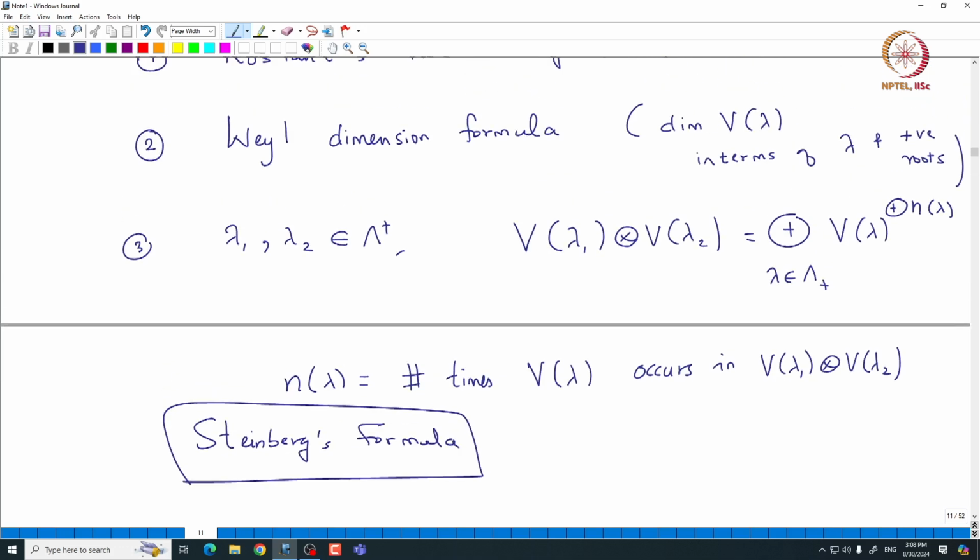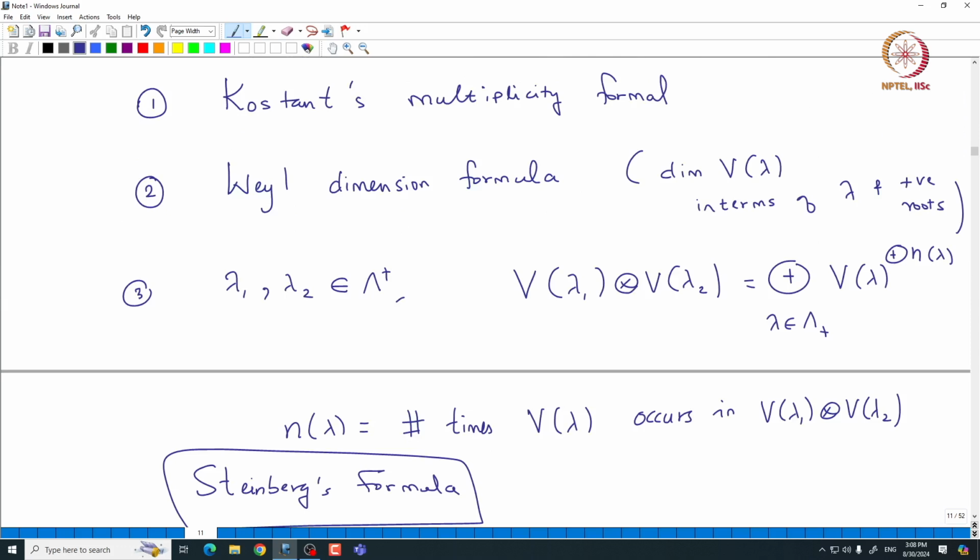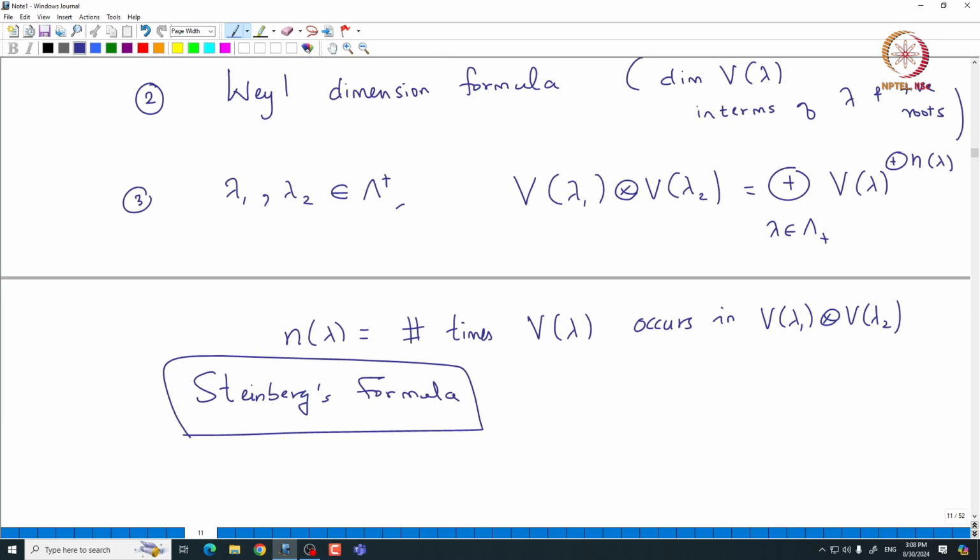At least I will do all these three immediate important applications, and then later I will tell about how to compute the characters of irreducible representations in terms of semi standard Young tableaux. Given the limited time, I may not be able to prove that, so maybe I will tell you very explicitly how the algorithm works and then state the result.